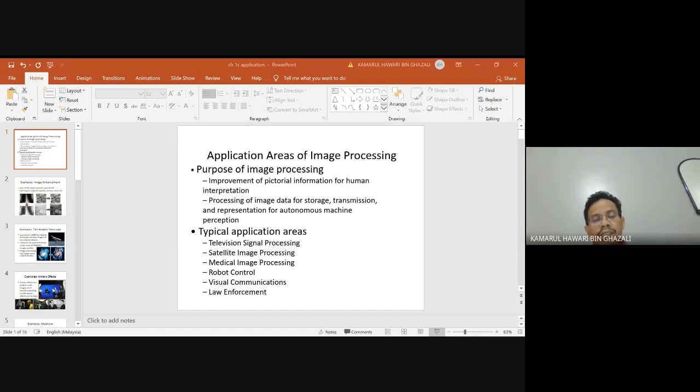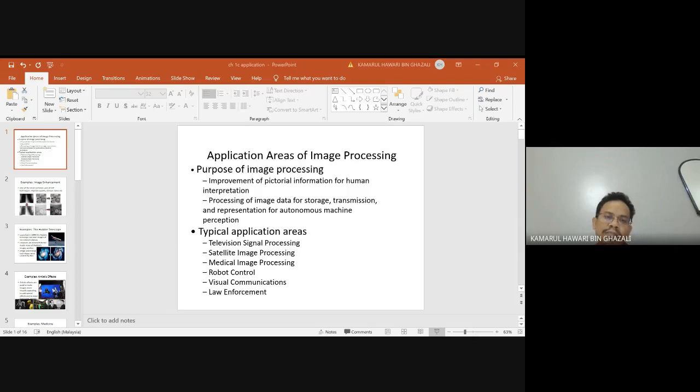But for electrical and electronics engineering, or for the engineering field, when we do image processing, normally we interface it with hardware or we control a machine.